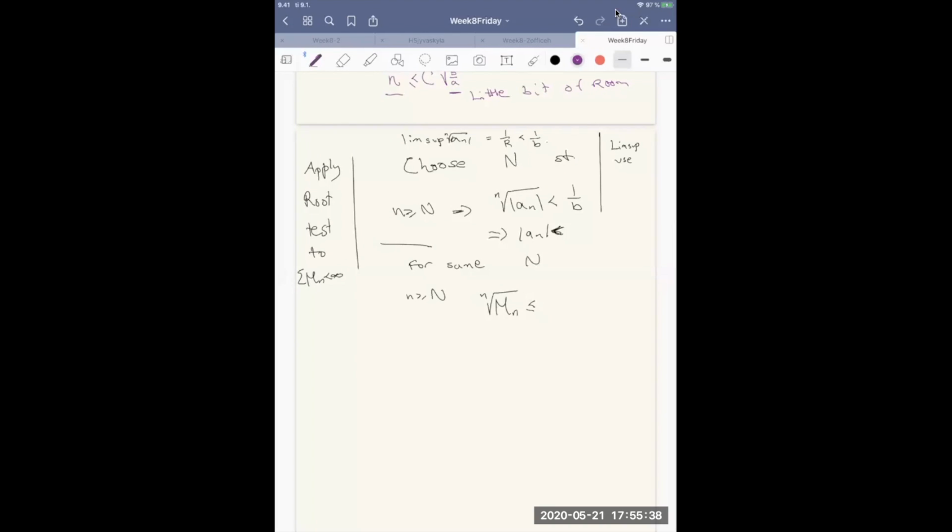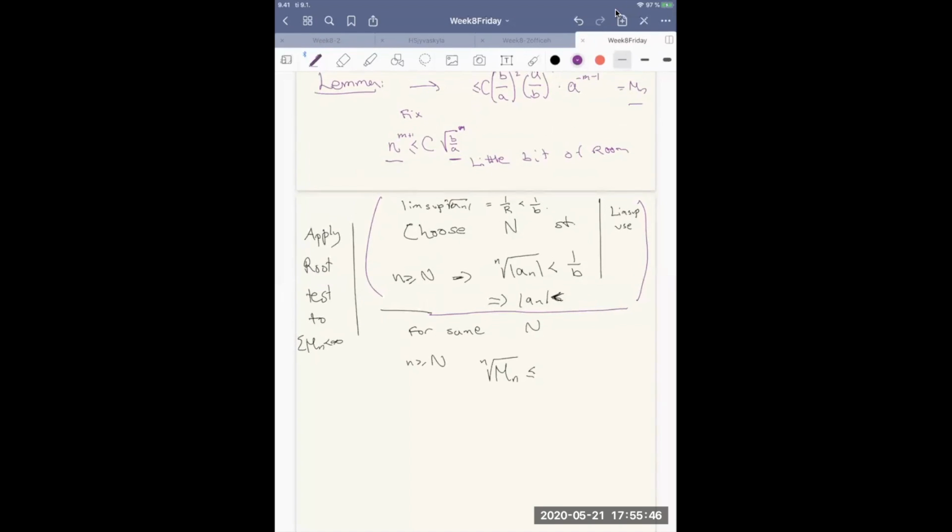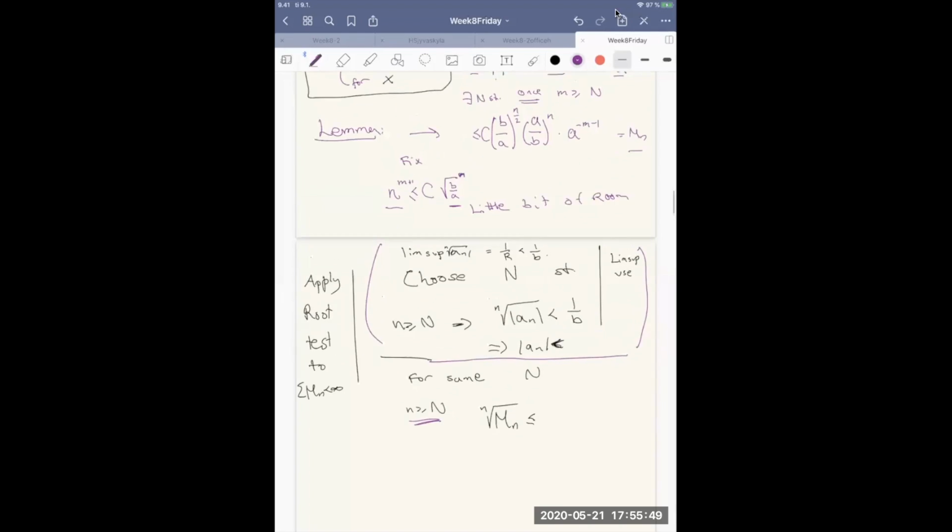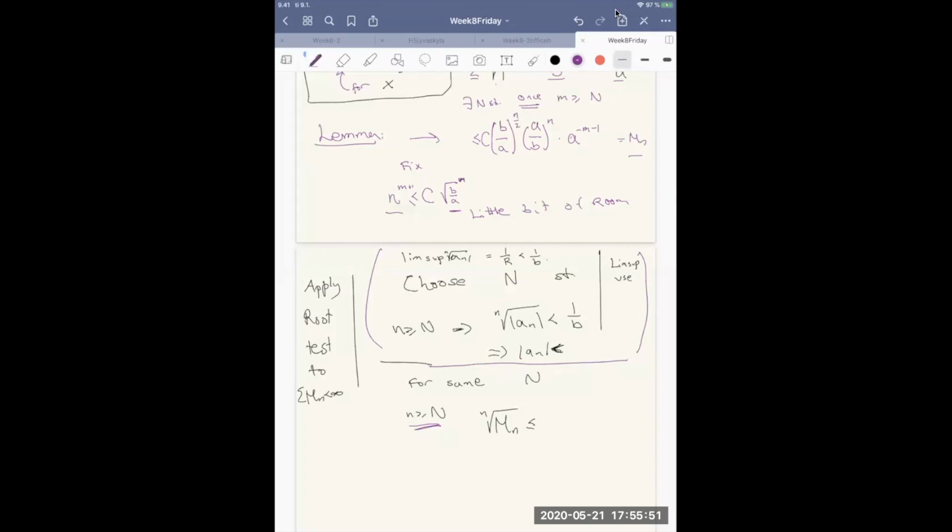We want to apply the root test. So let's look at the nth root of Mn, and only for indices bigger than or equal to capital N. So we are left with the nth root of c times a to the n minus m minus 1 times a over b to the n over 2.